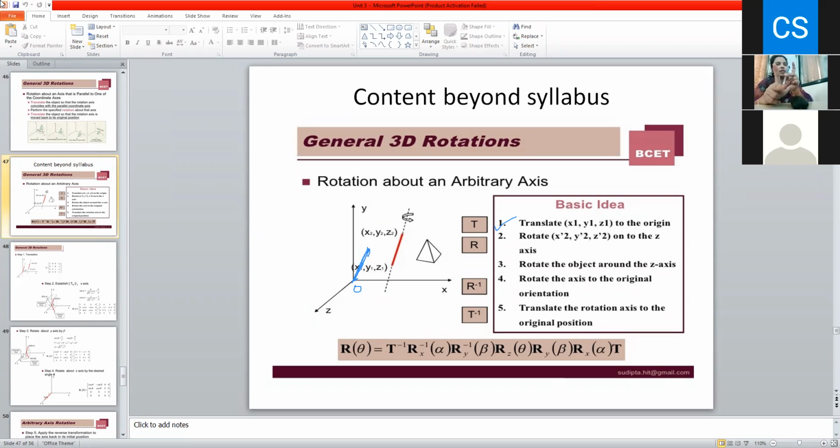Because I have rotated it with the Z axis, the Z coordinate has been removed and I will have XY coordinates only. So I have rotated this point with respect to Z so that with this angle it will lie in the XY plane. Now it lies in the XY plane, meaning the Z coordinate of this point is cut. Only X and Y coordinates will be there with it.